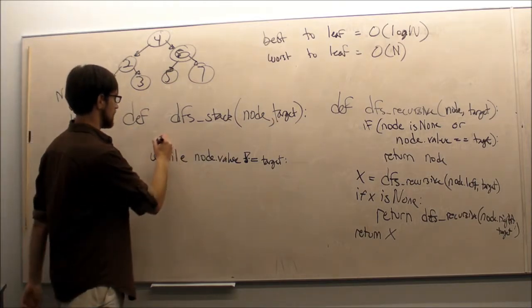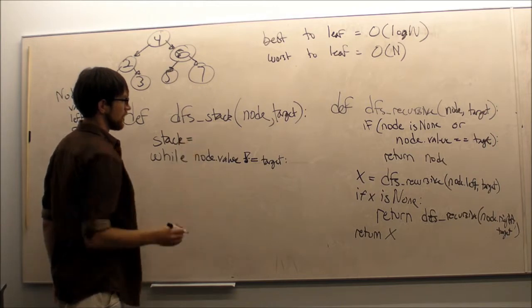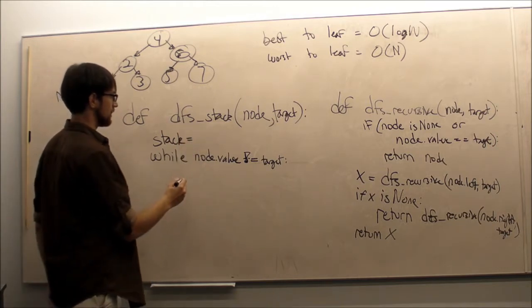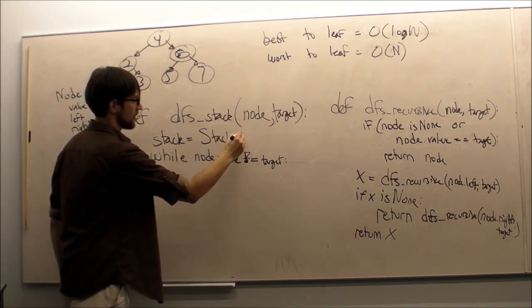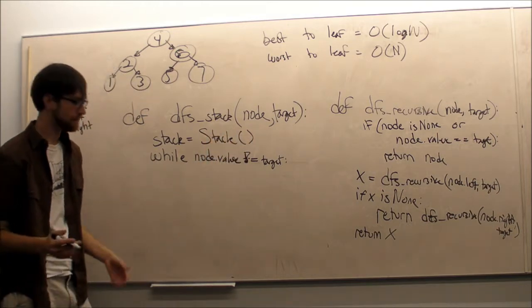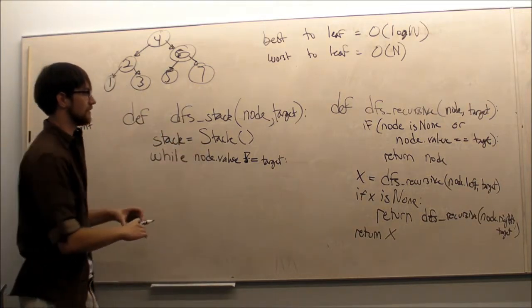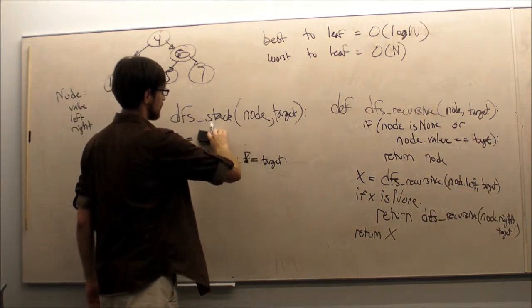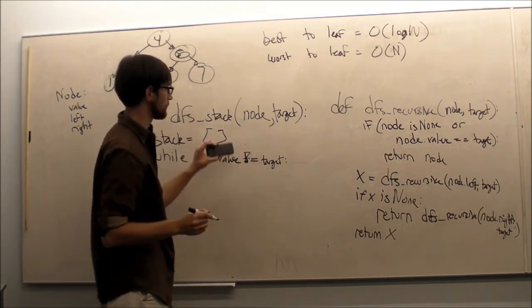And so the way the data structure will do that is a stack, and we'll pretend we have some function that returns a stack that we called last time. In Python, you can use a list as a stack. And so we'll do that directly here.